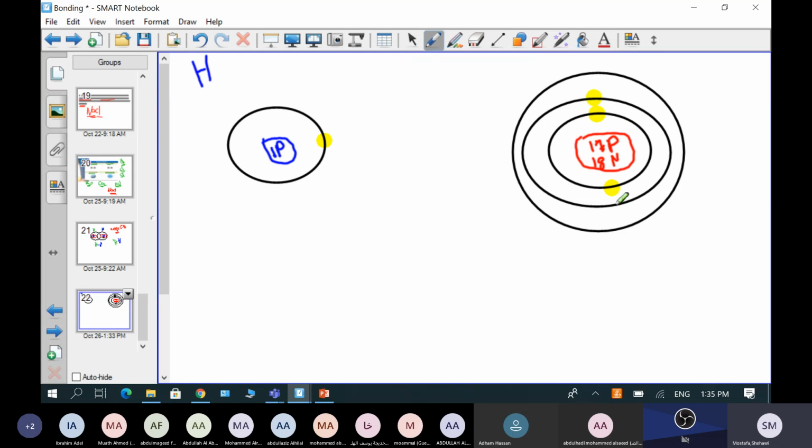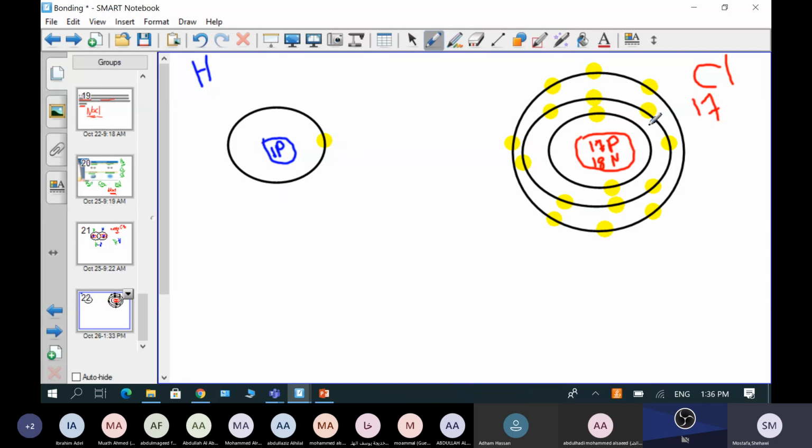The total for chlorine is 17, so there are 10 here and we have 7 more in the third level. So we have a total of 17 here. This is chlorine, Cl, atomic number 17.